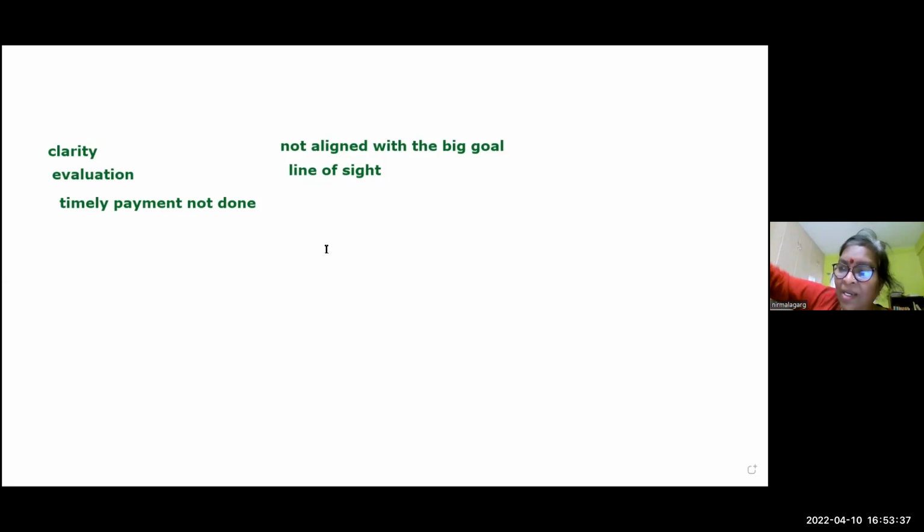Only when I can see a line of sight will I be able to do my work very efficiently and effectively. So if some incentive plans are stopgap, knee-jerk, of-the-moment reactions, then they will not achieve the bigger plan, what we really want to achieve when it comes to the business objectives.